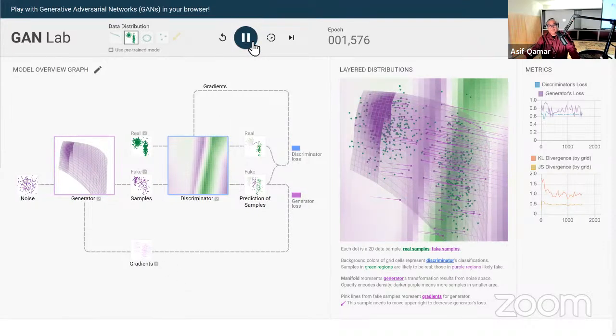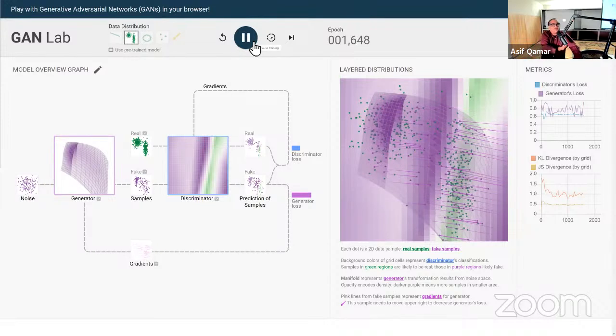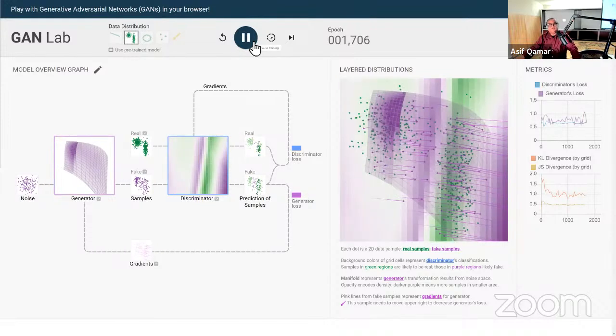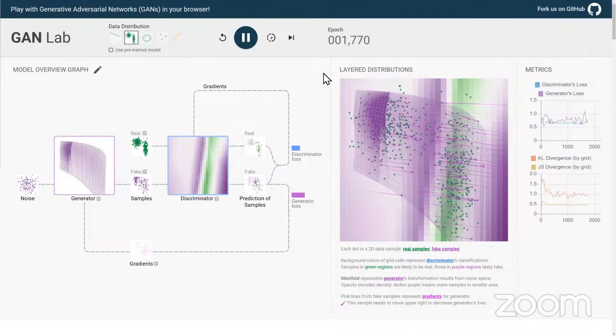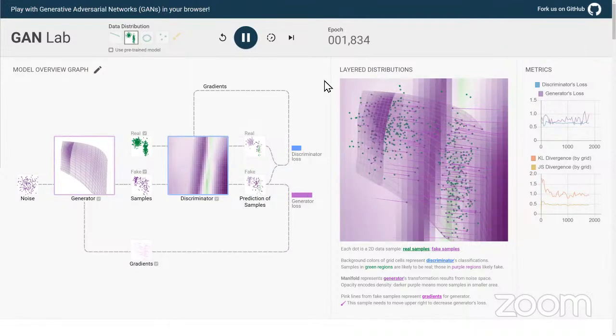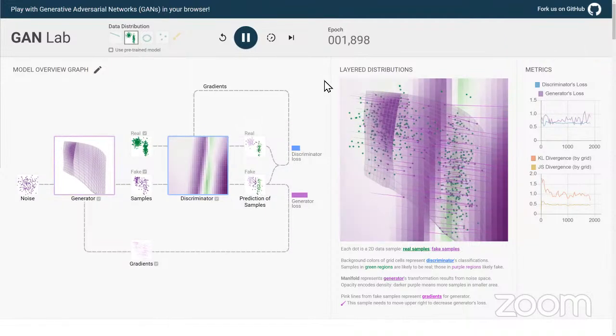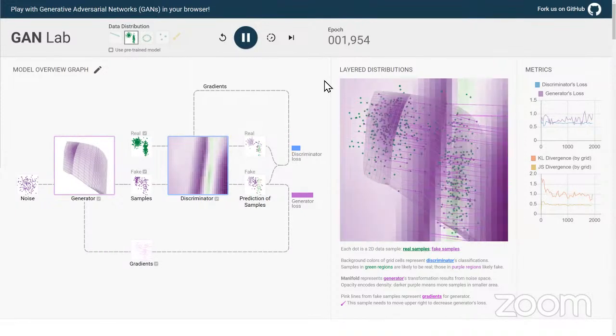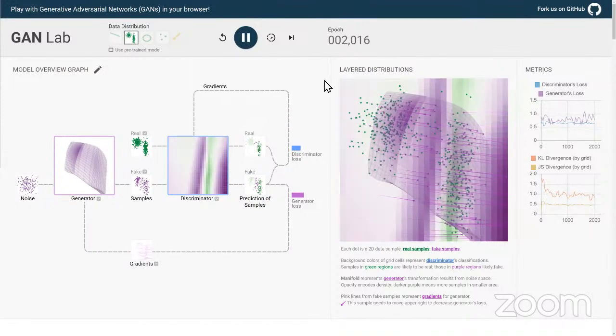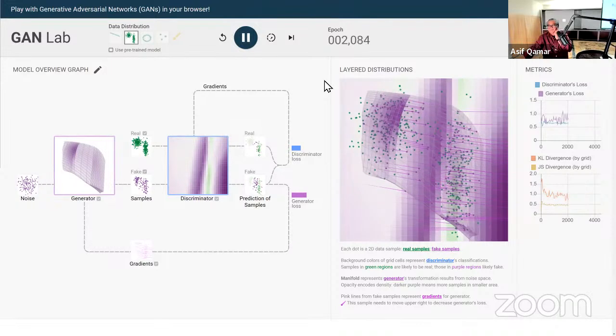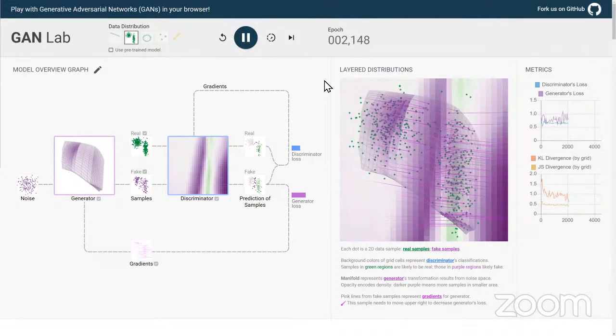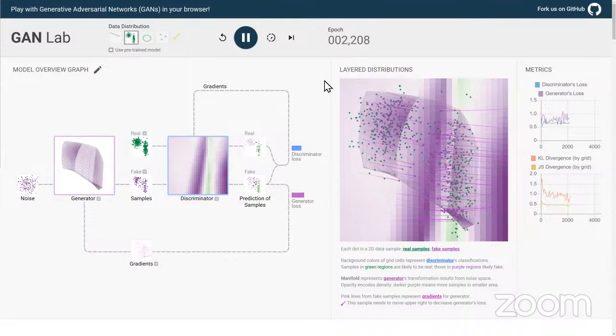And let's play it out a few more. I hope you guys are not finding it too tedious that I'm running it so slow. Actually, the activity is very high for the generator, because the metrics on the right side show the gradient for the discriminator has flattened out a little bit.